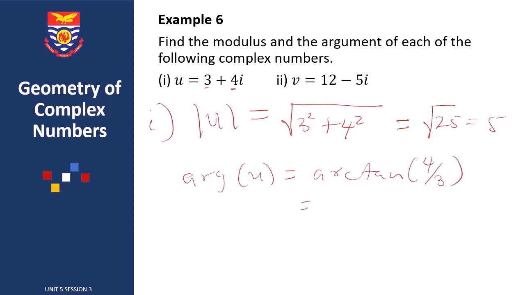Arctan of 4 on 3, you get 0.9273. So we find that the argument of u was 0.9273, and the answer is in radians.